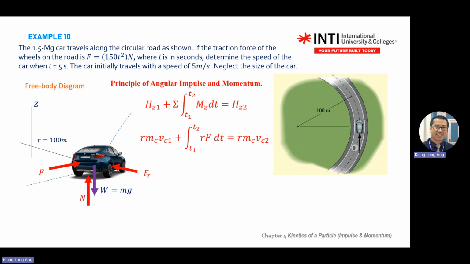So r cross F creates moment, and h is angular momentum, r mv. You put in the information: r is 100, m is 1.5 megagram, change to kilogram, it becomes 1,500 kilogram. v is 5.